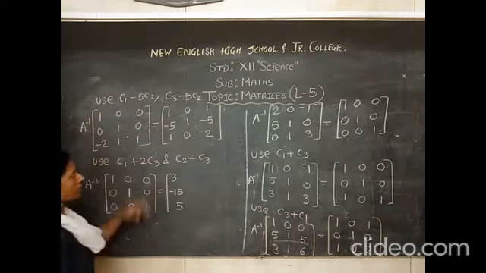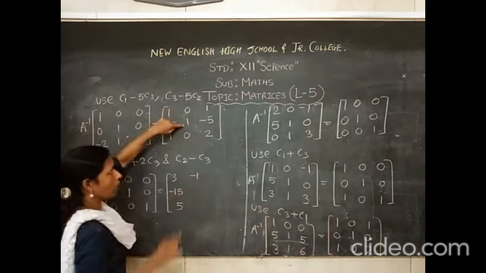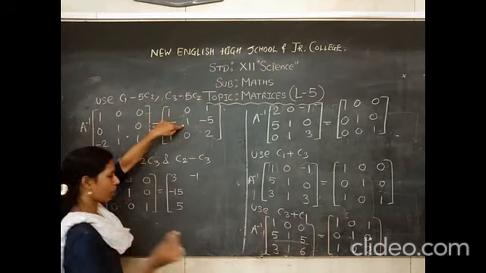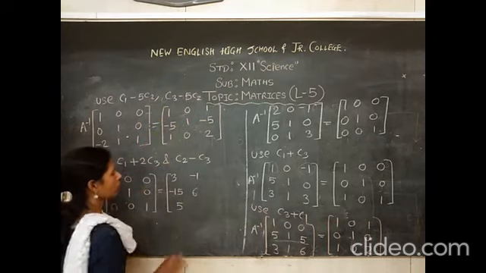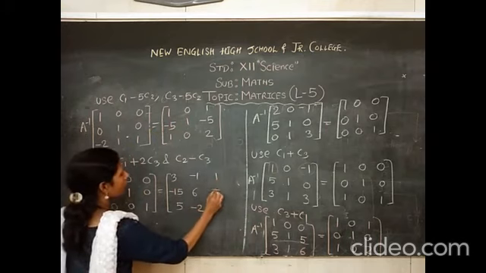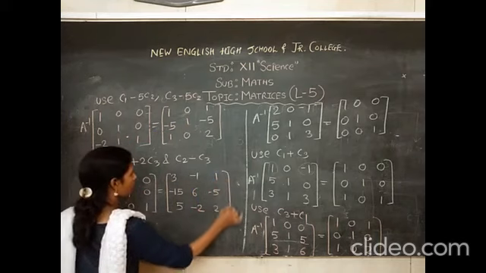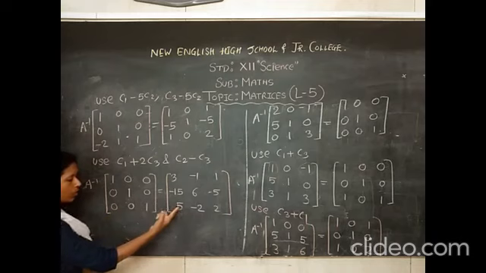Now C2 minus C3. 0 minus 1, simple, minus 1. 1 minus minus 5, that is 1 plus 5, 6. 0 minus 2, that is minus 2. And its C3 will remain as it is, 1 minus 5, 2. Thus A inverse into I equal to this.